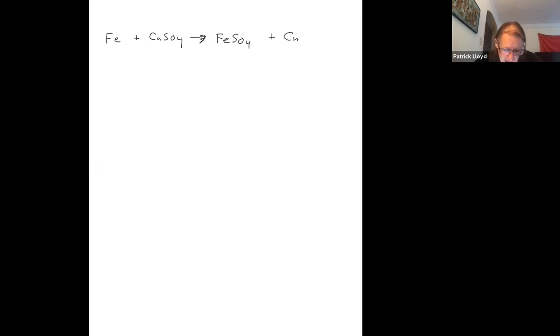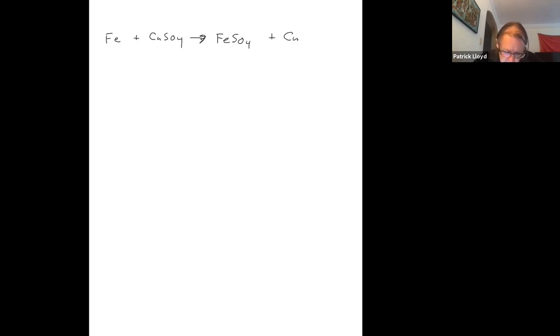An example of that would be lithium with cobalt. So you would have a lithium element, Li, plus cobalt sulfate, CoSO4, for example. That would give you a lithium ion battery.